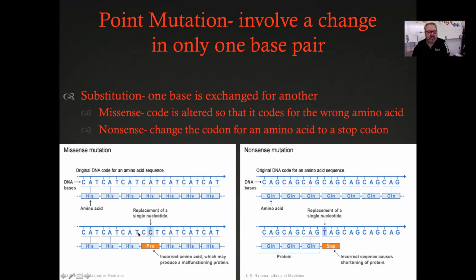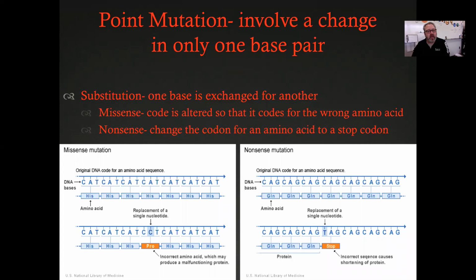Okay, so here's the original sequence. Okay, and we can see that CAT, CAT, CAT, CAT, C, this is CCT instead of CAT. So what's happened here in the original amino acid sequence, histidine is in there, but now, since it's not CAT, it's CCT, which codes for proline, okay?